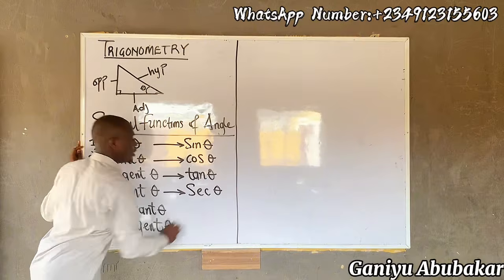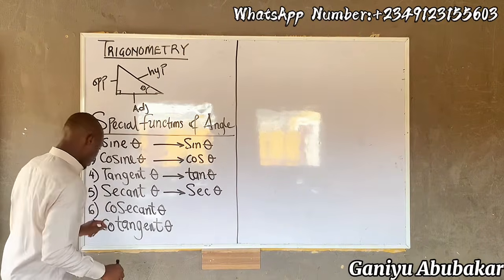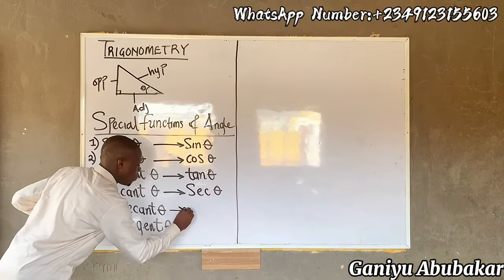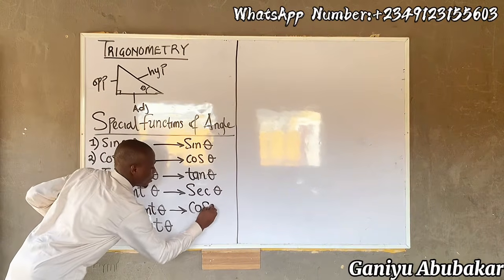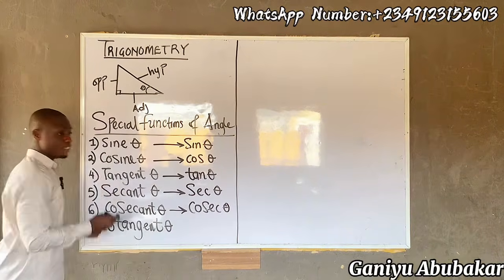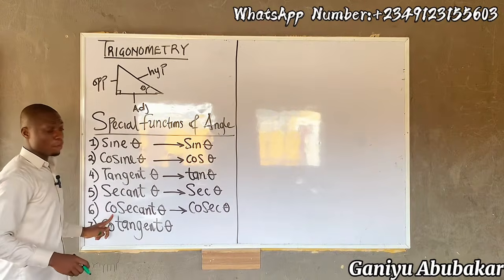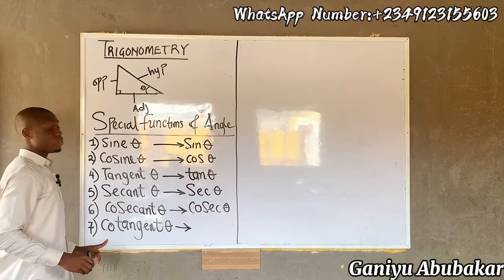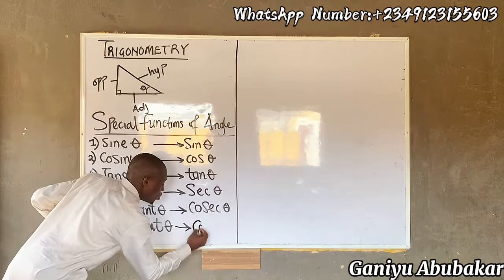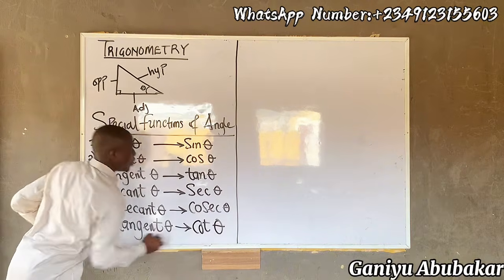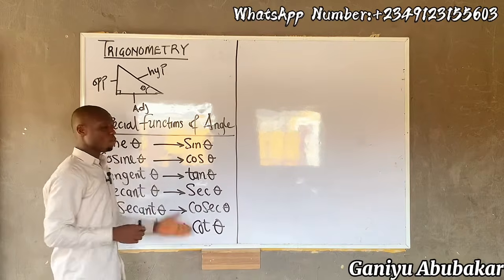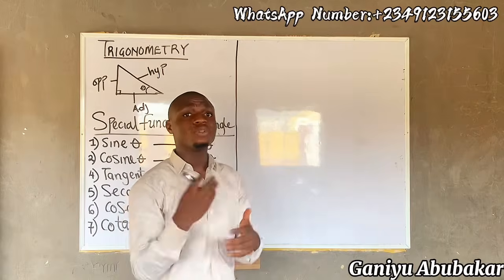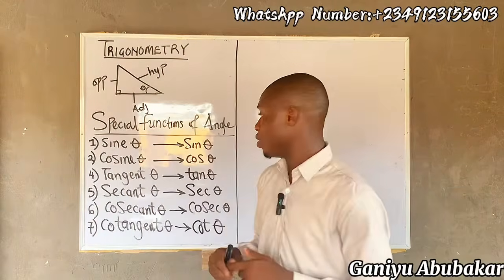Sec theta is the short form of writing secant. Similarly, I have cosecant. For cosecant, we call it cosec. Cosec theta is the short form of writing cosecant. Finally, I have cotangent. That becomes your cot theta. So you need to master the short forms of writing these special functions of angle. We'll use them in our solving as we proceed.